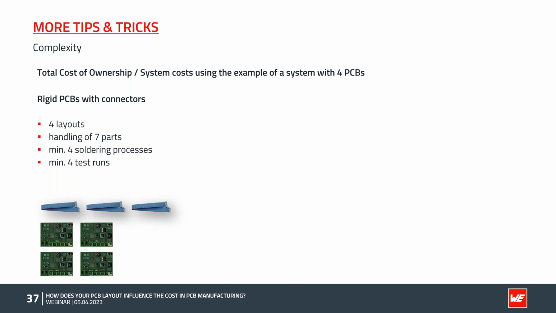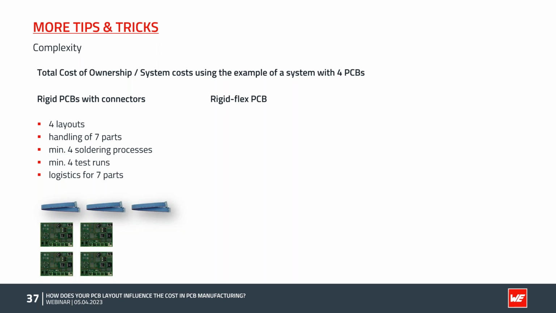And you need to do at least 4 test runs. We need, in our electrical test, do 4 different test runs, but you for yourself as well. Maybe even a 5th for the final setup, for the final assembly. So that's why I wrote minimum 4 test runs. And you have the logistics behind in your storage. You have 7 different parts which you need to find, which you need to set up, and so on, and which you need to store.